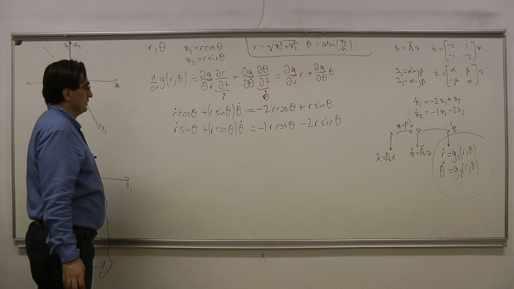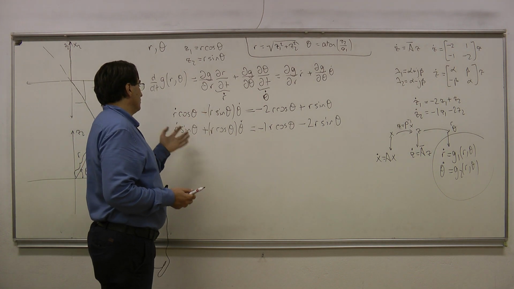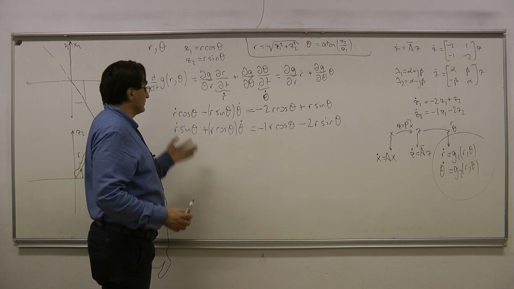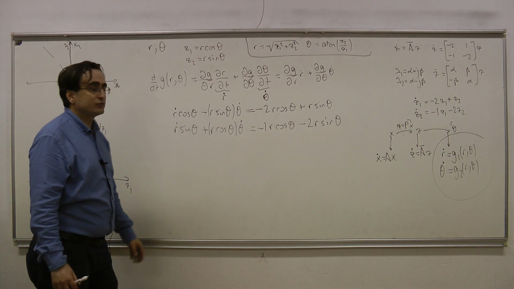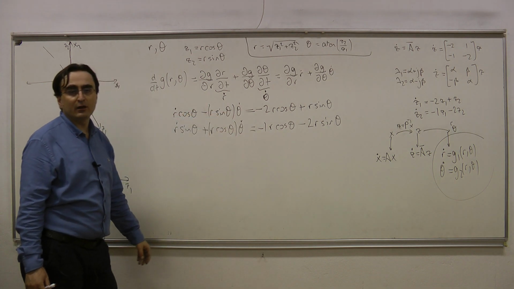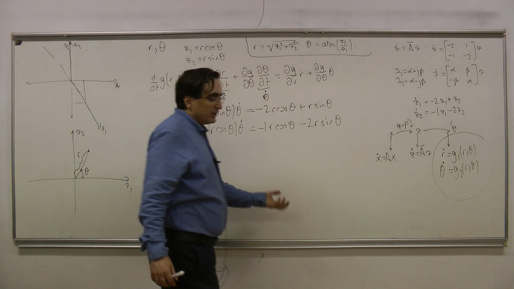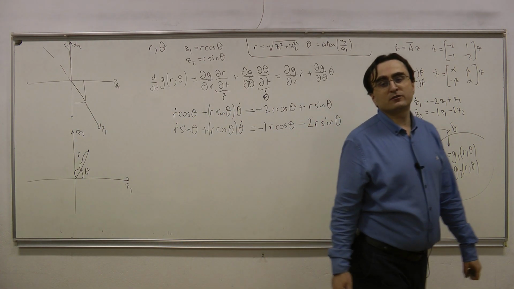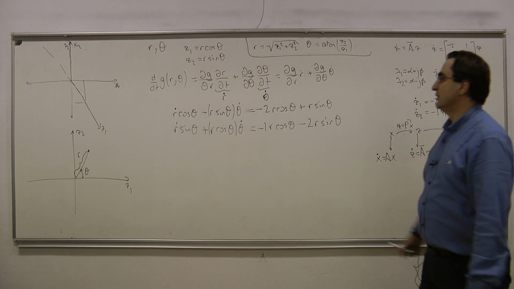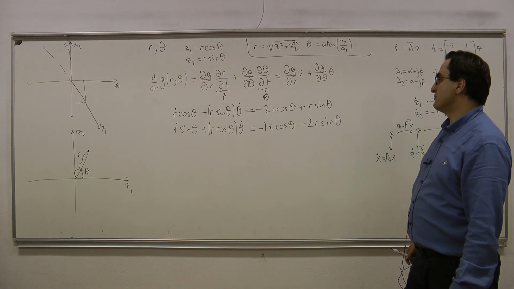So how do I do this? It is not difficult, but it is tedious to actually try to solve these two equations for r dot and theta dot. Instead, I'm going to do an equivalent thing, but it is going to be less tedious than trying to solve these equations at the same time.